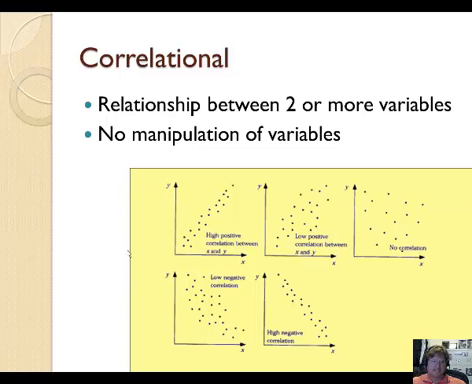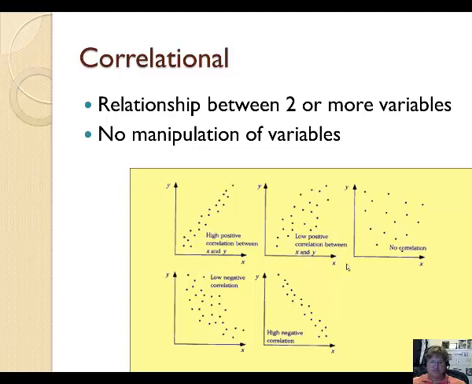So we talked about these scatter plots that show the relationship between 2 or more variables. So you can see here, here's our X variable and Y variable, and here's our individual scores. So you can see that this demonstrates a high positive correlation between X and Y. As X goes up, Y goes up about the same rate.